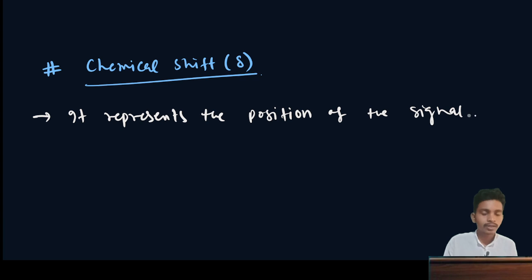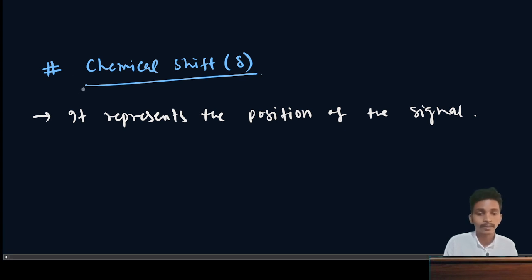We discussed in the previous class how many signals are present in a molecule. Now we are going to discuss where those signals are located, that is, the position of the signal in the NMR data. So that we will discuss today.